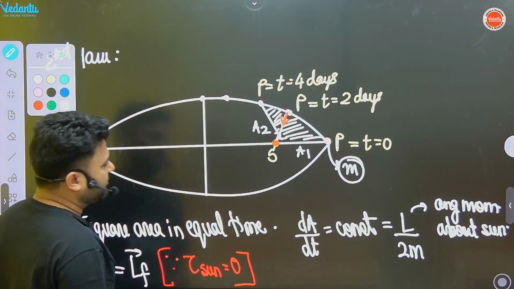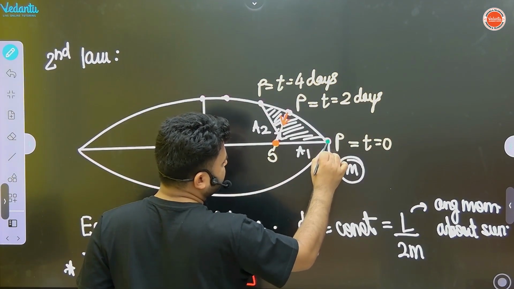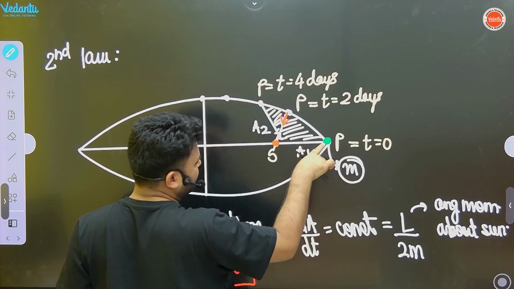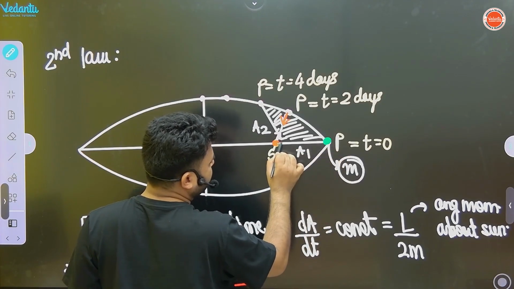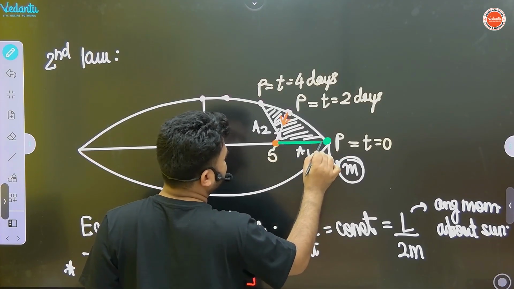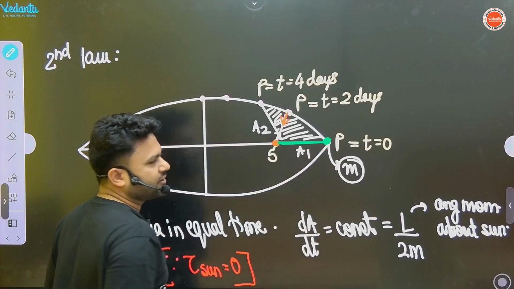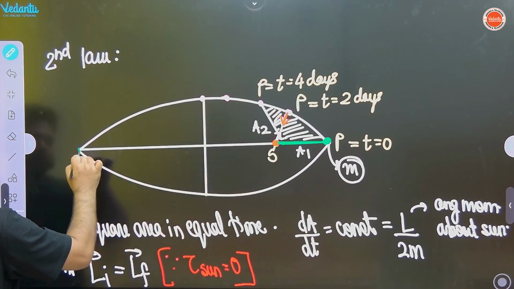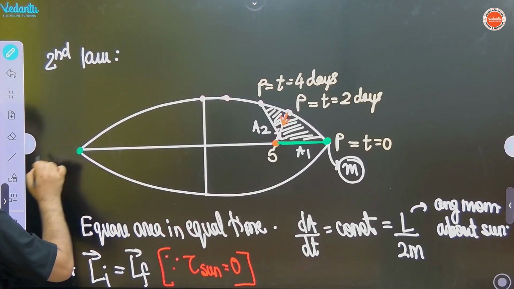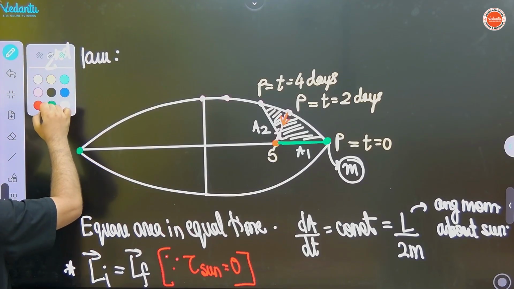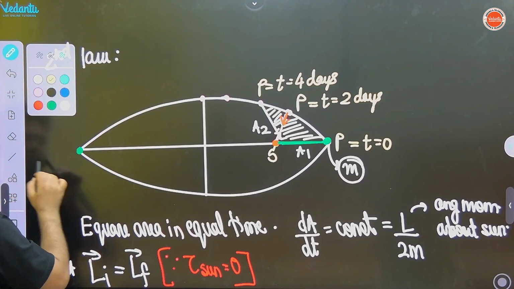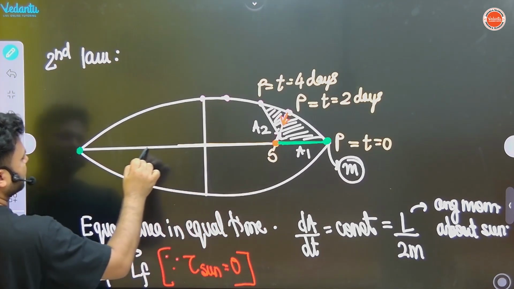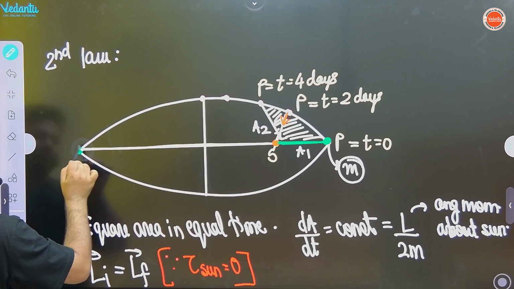Suppose this planet is here. Always remember, this is the sun, and this is the nearest point. So the distance from the sun is R nearest. And what is the farthest point? When the planet goes there, this distance is R farthest.